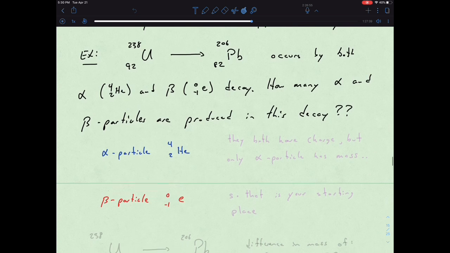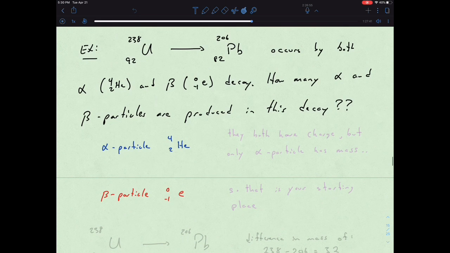So they both have charge, but only the alpha particle has mass. So that is your starting place.